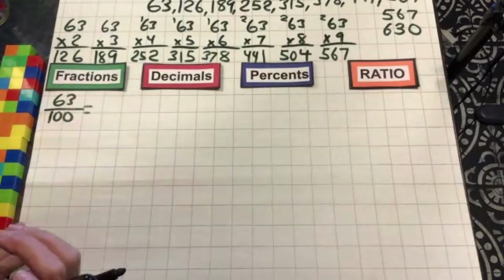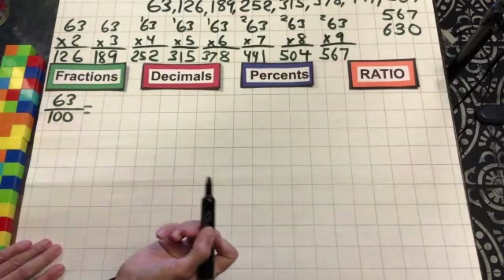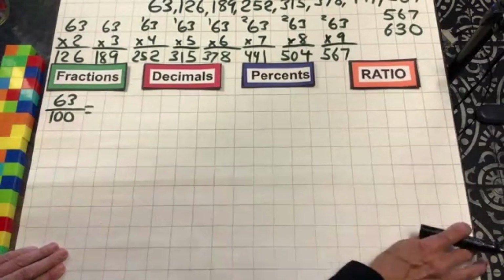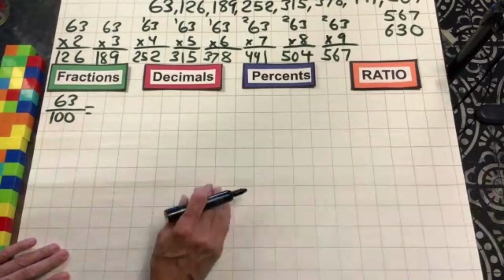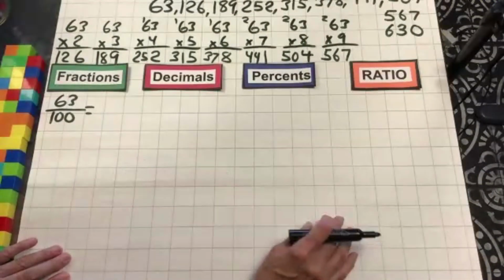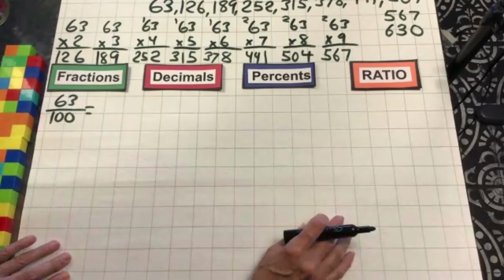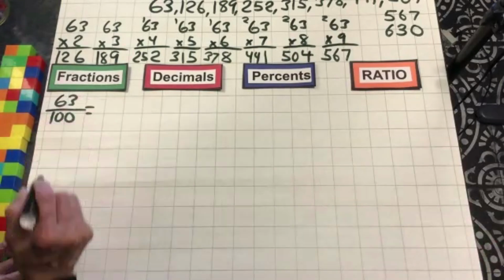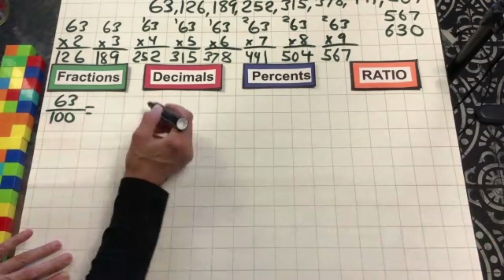And let's look at our factors. So 63 does not go into 100 evenly. 21 does not go into 100 evenly. 9 does not go into 100 evenly. 7 doesn't go into 100 evenly. And 3 does not go into 100 evenly. So we know this is in the lowest terms. So we can leave that right where it is.